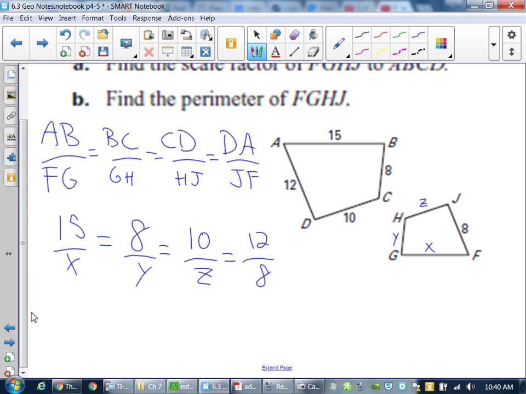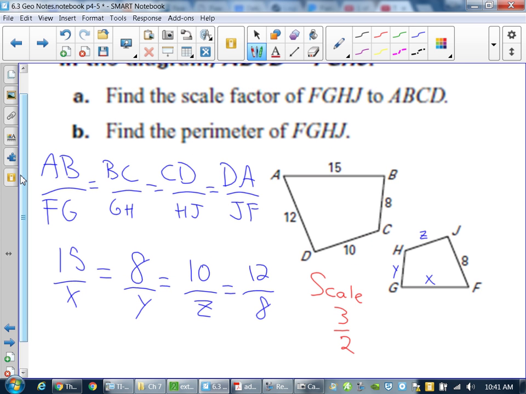3/2. So the scale factor here is 3/2. That's going from ABCD to FGHJ. Okay. The question asked you, what is it going the other way?